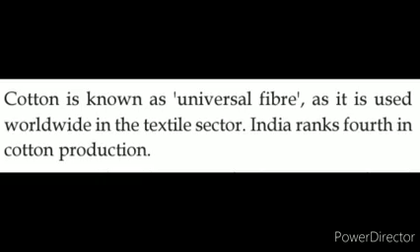Cotton, one of the fiber crops, is a very important industrial sector in India. Cotton is known as universal fiber as it's used worldwide in the textile sector. India ranks fourth in cotton production.